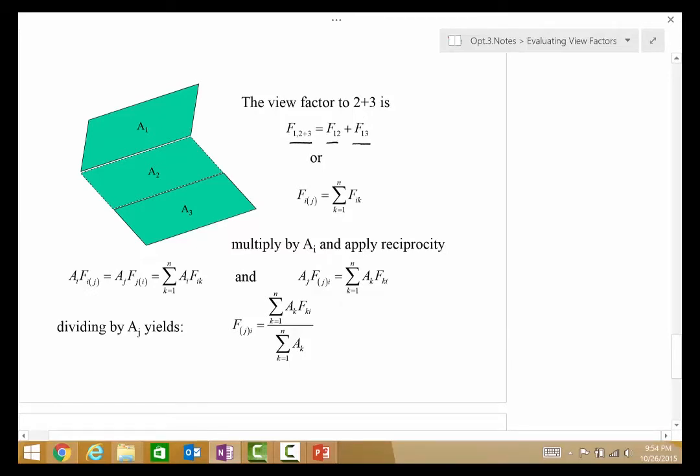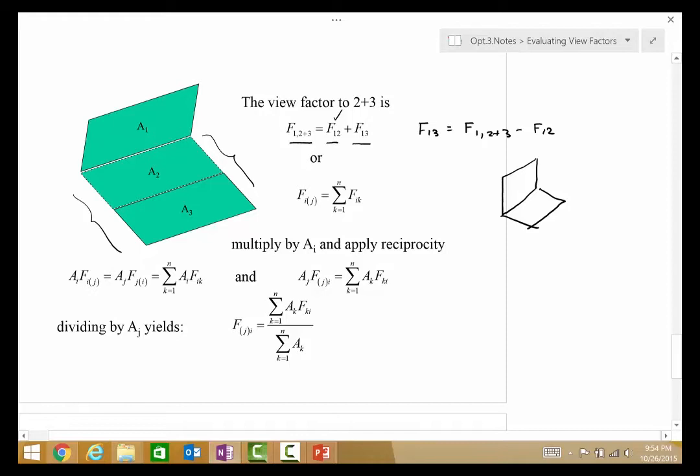If we know 1 to this global surface 2 plus 3, and we know surface 1 to 2, it would easily give us F13. So F13 would be F1, 2 plus 3 minus F12. And if the basic geometry of the correlation is given in terms of a block like this, that could be either surface 2 plus 3 or it could be surface 2, and we'd be fine.